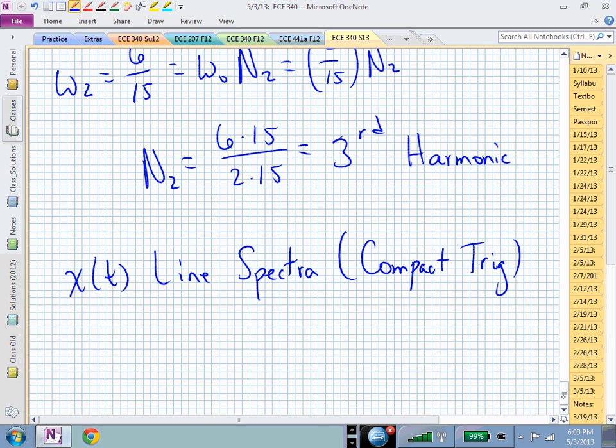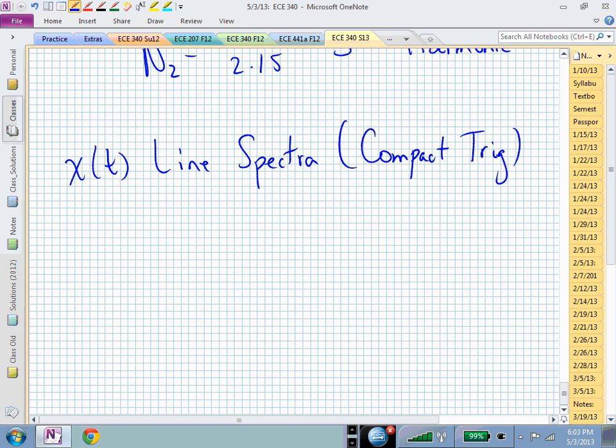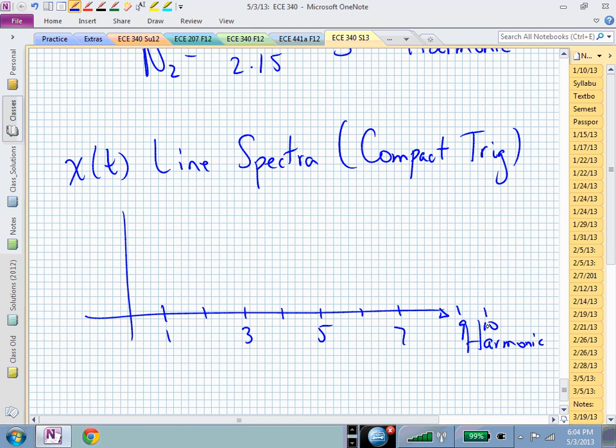You could do the compact trigonometric, or you could do the complex exponential. Compact trigonometric, we only have to worry about one side, or the positive frequencies. I could do this in terms of harmonics, meaning here's 1, 2, 3, 4, 5, 7, 9, and 10.